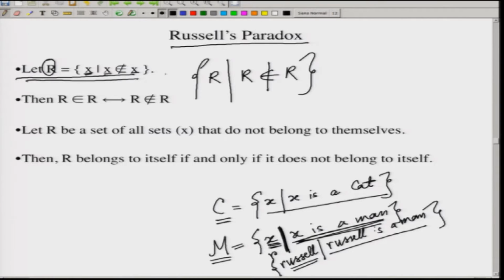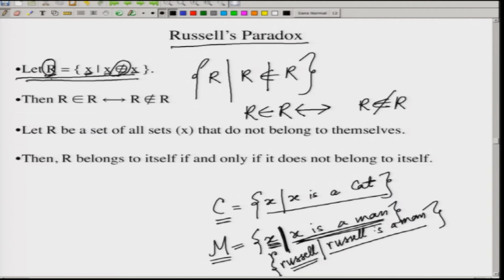Now, R is a member of R if and only if R does not belong to R. This is the whole point of what we have written here: in order to belong to the set R, our set has to not belong to itself.